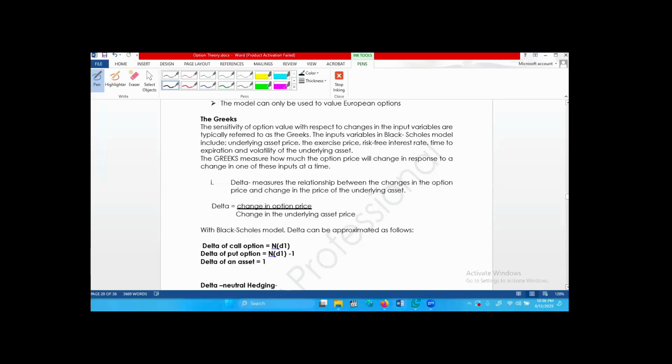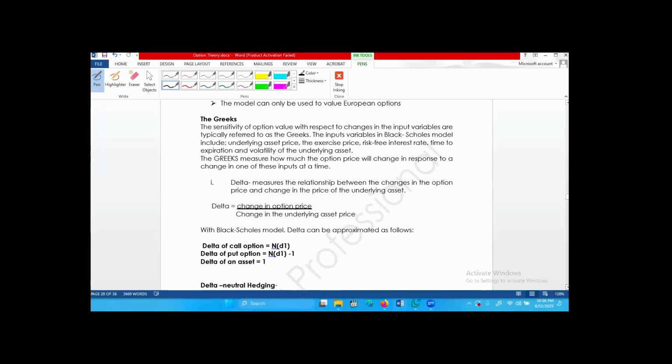You can calculate delta as change in option price divided by change in the underlying asset price. That is how to calculate delta.